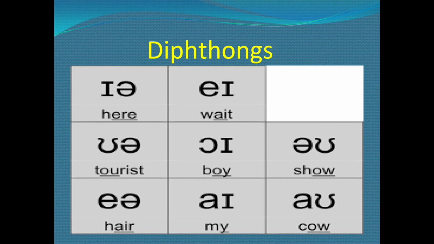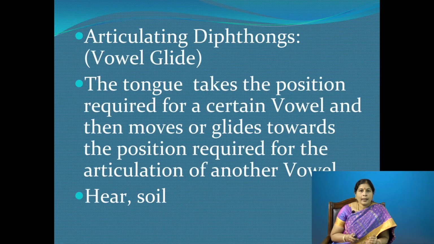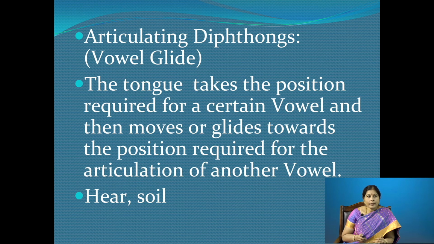So we have seen the front vowels, we have discussed the back vowels and now the central vowels. Now let us move on to the diphthongs. What are diphthongs? While articulating a diphthong, the tongue takes the position required for a certain vowel and then moves or glides towards the position required for the articulation of another vowel. Listen to these words and you can observe. Here, soil.